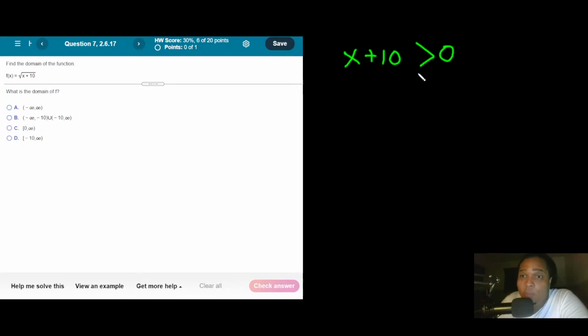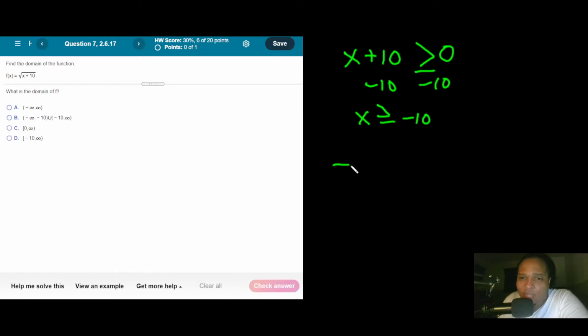So listen, we're going to put the equal to portion here, okay? The only time where it can't be equal to 0 is when it's inside of the denominator. But with square roots, the inside can be greater than or equal to 0. Anyway, we just basically solve for this inequality. Subtract 10, subtract 10. So x is greater than or equal to -10.